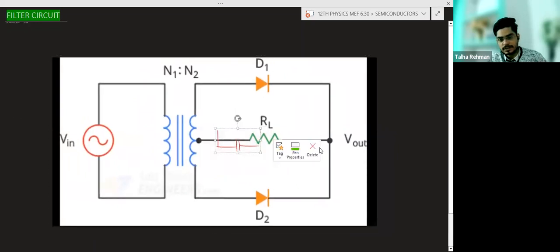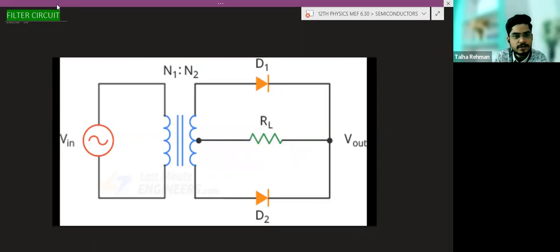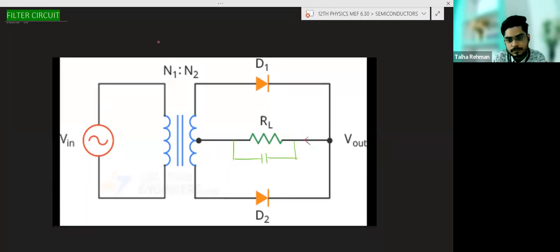See, this is the full wave rectifier now. So what we do, we will connect a capacitor in parallel with the load resistance. Now suppose I is the output current, and this I contains the AC component of current plus the DC component also.